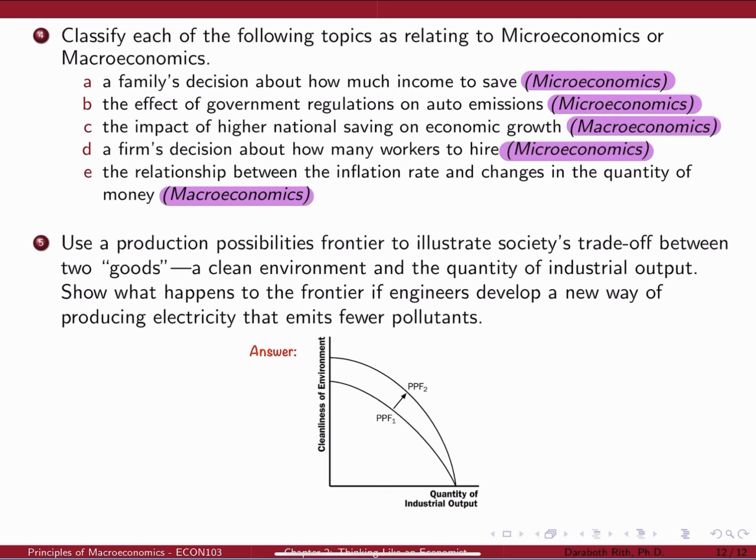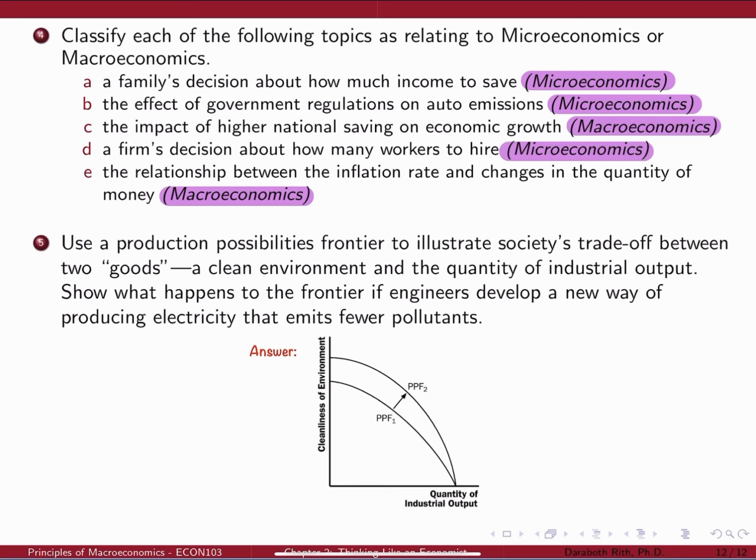D. A firm's decision about how many workers to hire. This one is related to the firm level, again, whether they operate the business matters to their profit objective. So it is a microeconomics topic. E. The relationship between the inflation rate and changes in the quantity of money.